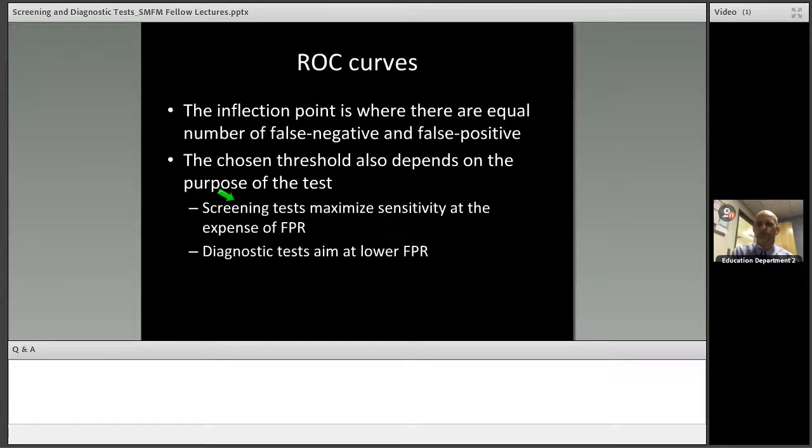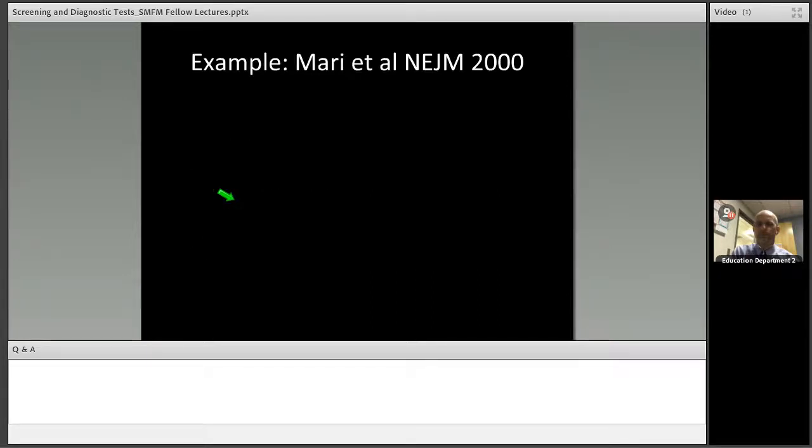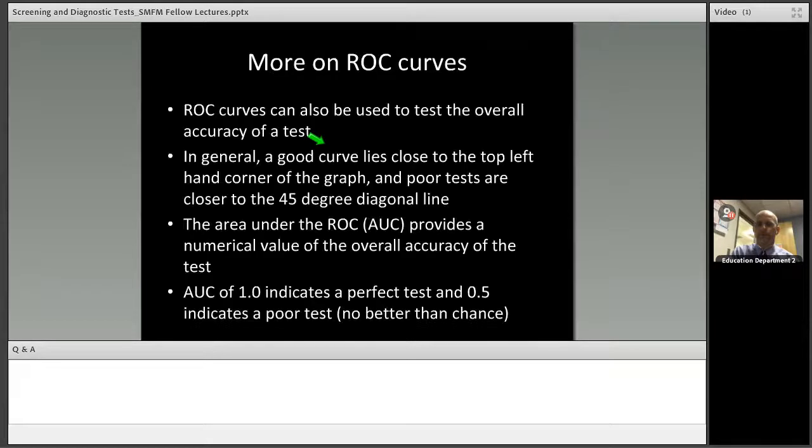So you can maybe live with a false positive rate that can be as high as maybe 20% in some situations. Most of the time we try to give a false positive rate of maybe 5 to 10%. Whereas with a diagnostic test, we really want to aim at a very low false positive rate. So these are things you determine a priori before you choose the ideal cutoff point.